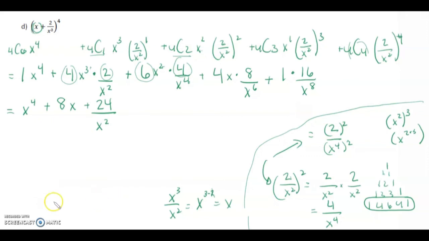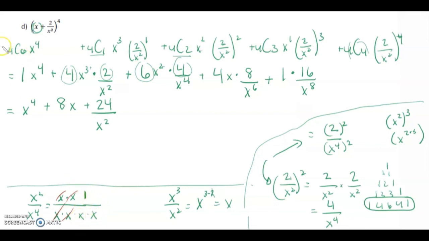If we actually take a look at that, x squared over x to the 4, in expanded form it would be x times x in the numerator, and then x times x times x times x in the denominator. So what will actually happen is 2 of these are going to cancel out, leaving a 1 in the numerator.